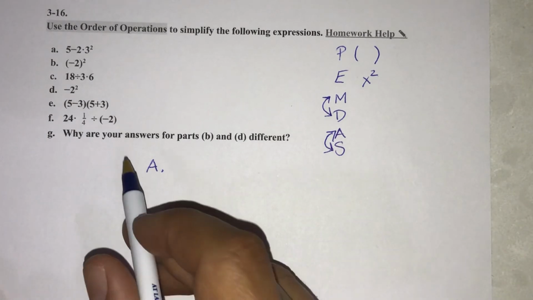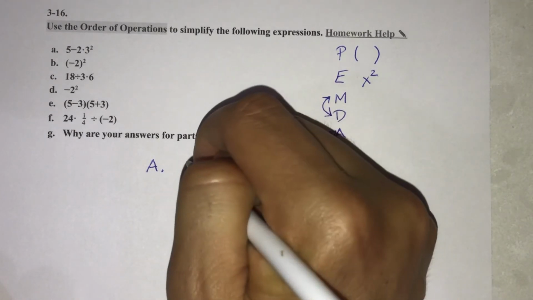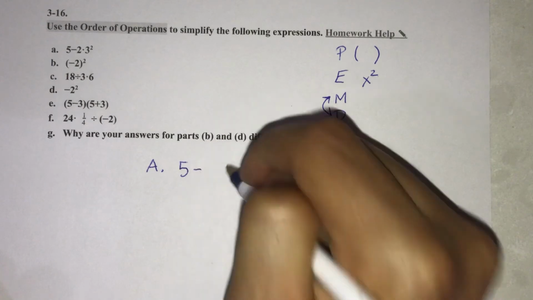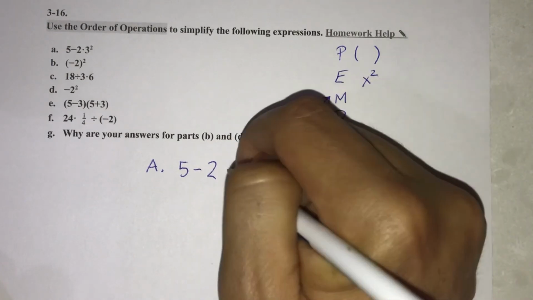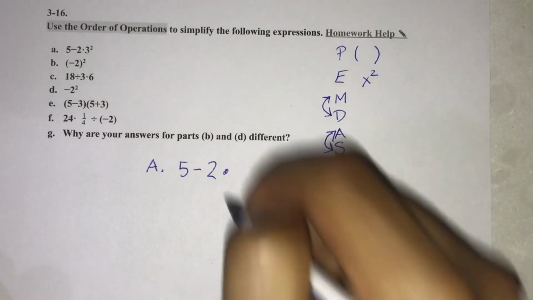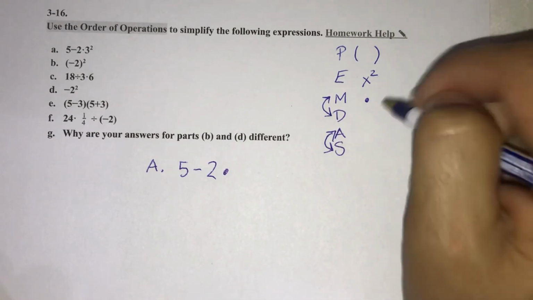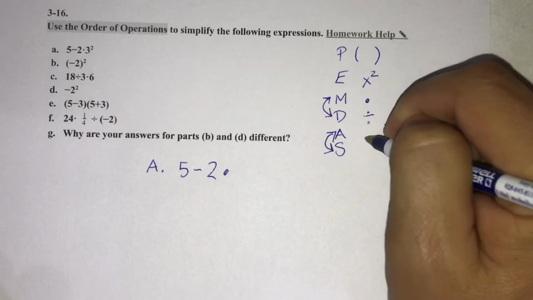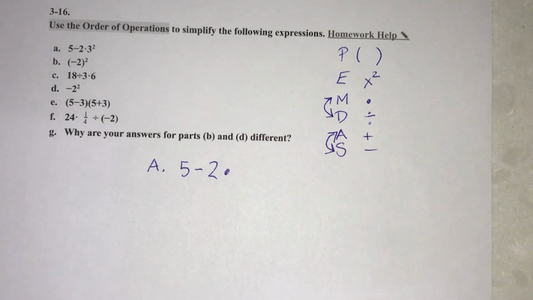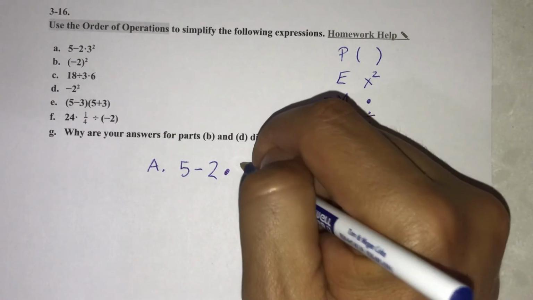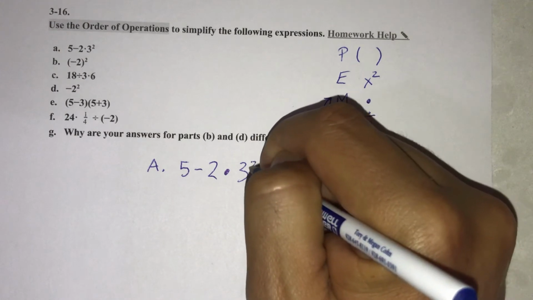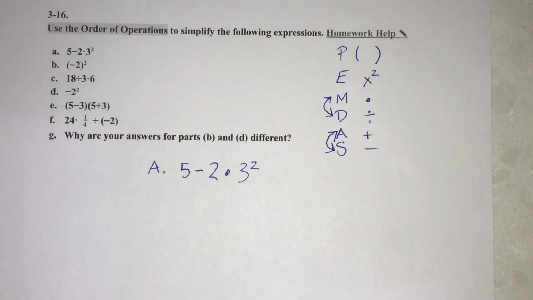I'm just going to copy down letter A a little bit larger so we can see it. 5, subtract 2, and remember that the little dot means multiplication. And we have 3 to the second power, or 3 squared.